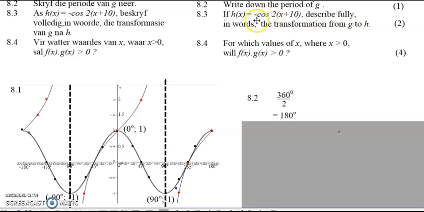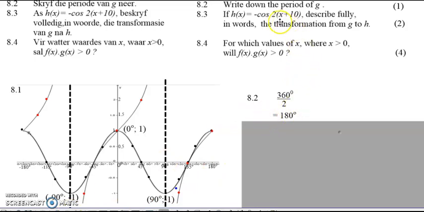So the graph is still the same, but there's a negative sign, which means there's a reflection about the x-axis, meaning the graph will invert. Whatever was at the top will now be at the bottom. Whatever was at the bottom will now be at the top. The graph inverts. It reflects about the x-axis.